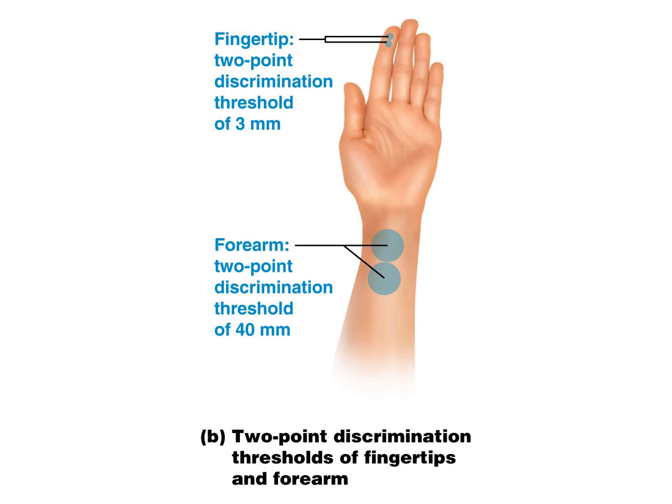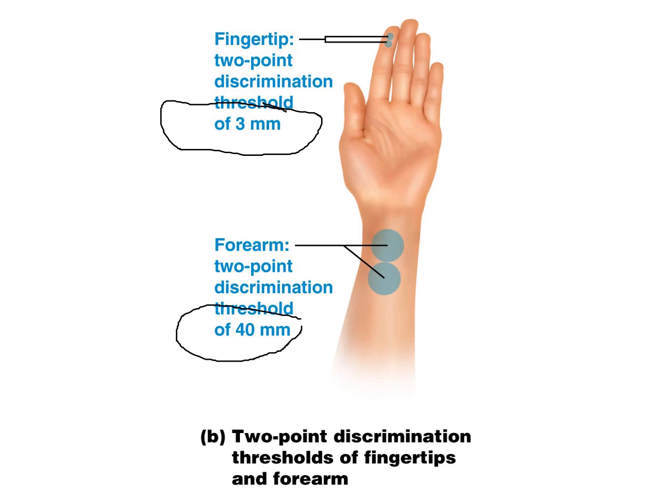So here, the two-point discrimination on your fingertips is about 3 millimeters. However, on the forearm, with fewer receptors and larger receptive fields, you cannot distinguish two different points with that much resolution. The two-point discrimination in this part of the skin is 40 millimeters.